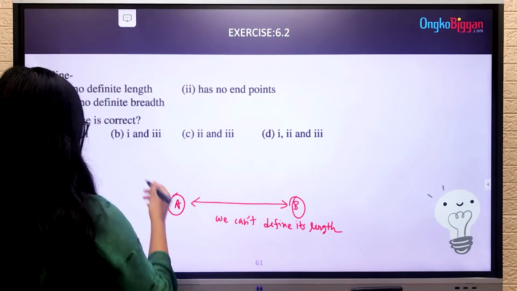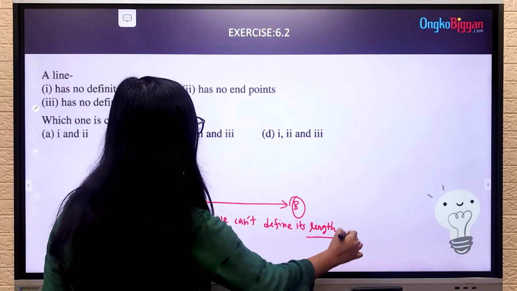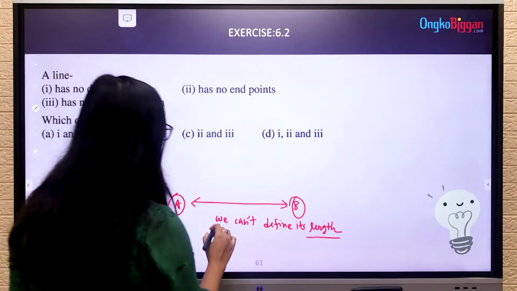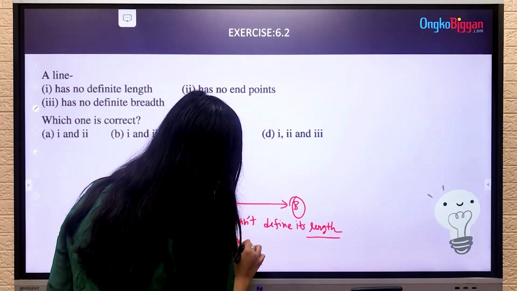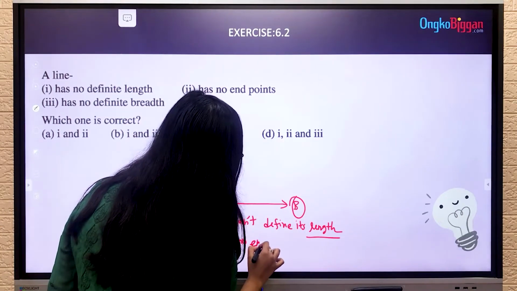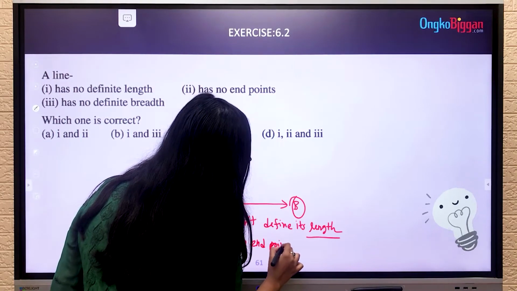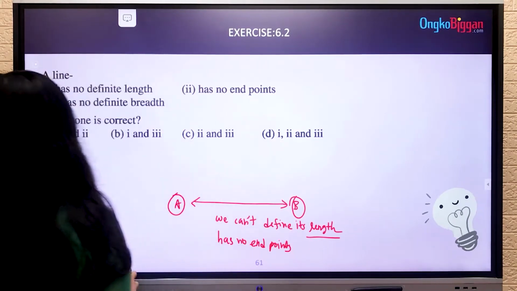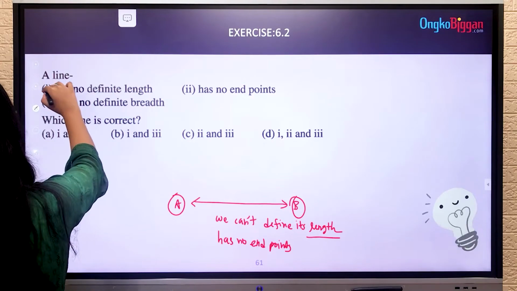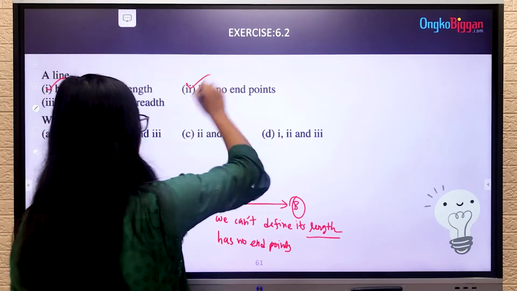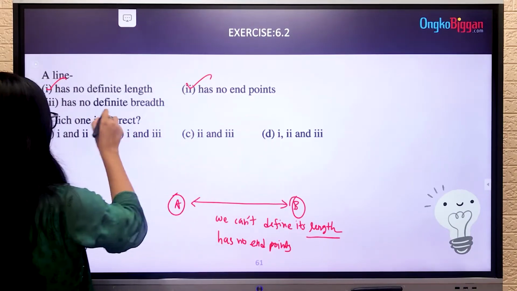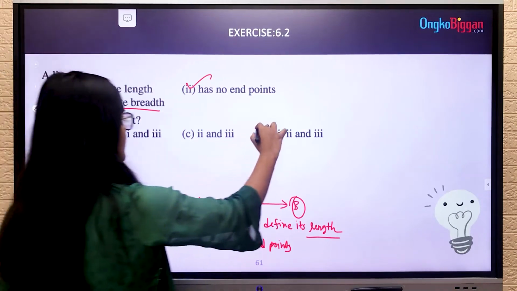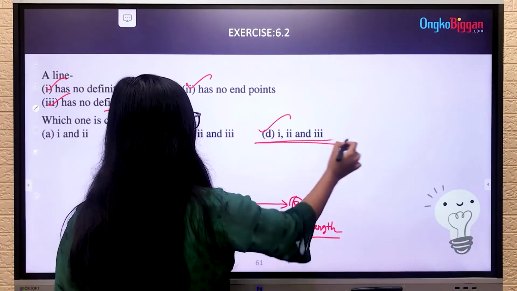Basically it has no length, no breadth, nothing. It also has no endpoints. So the option has no definite length, it's correct. Has no endpoint, it's also correct. Has no definite breadth, it's also correct. So our answer will be 1, 2, 3 since all the answers are correct.